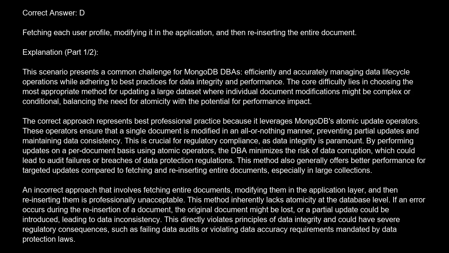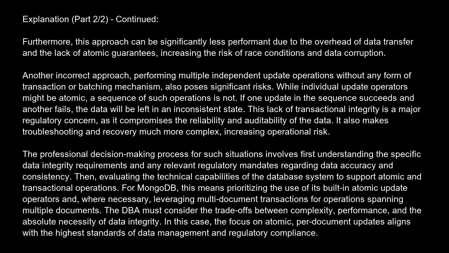This directly violates principles of data integrity and could have severe regulatory consequences, such as failing data audits or violating data accuracy requirements mandated by data protection laws. Furthermore, this approach can be significantly less performant due to the overhead of data transfer and the lack of atomic guarantees, increasing the risk of race conditions and data corruption.